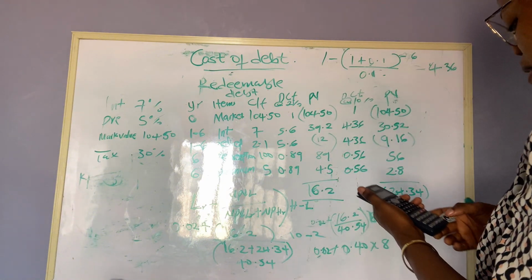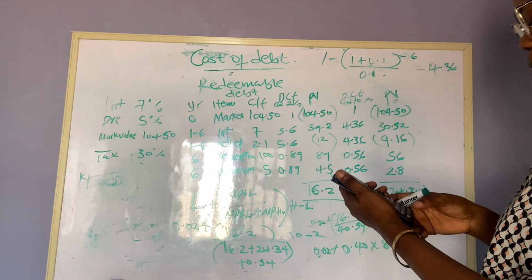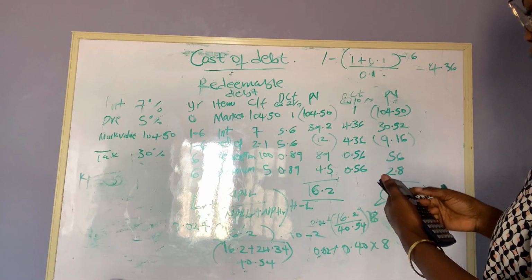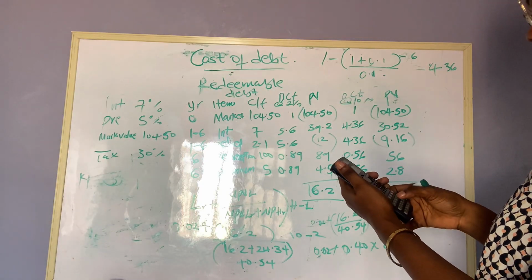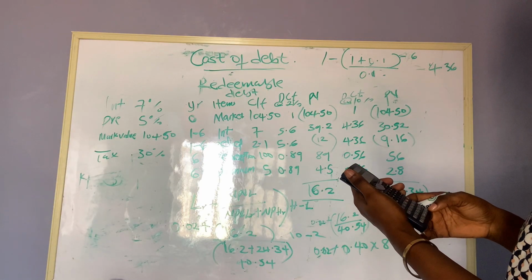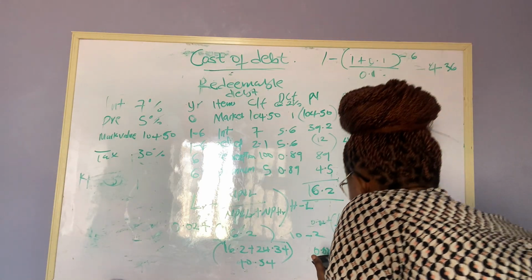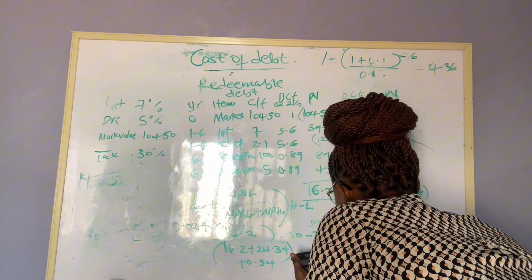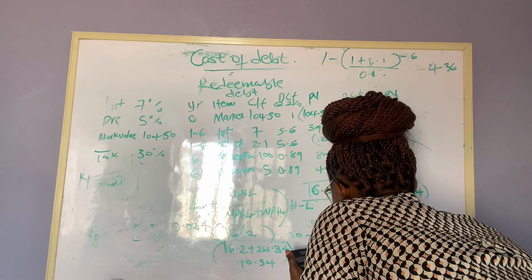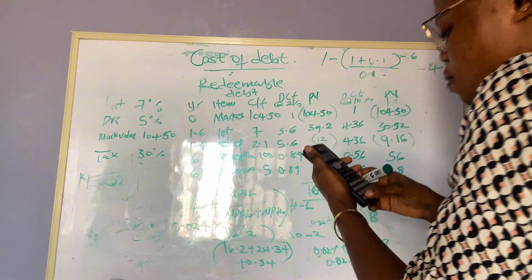So now this 8 we just divide by 100, to give us 0.08. So there is 0.08 times 0.40, we have 0.032, plus 0.02.